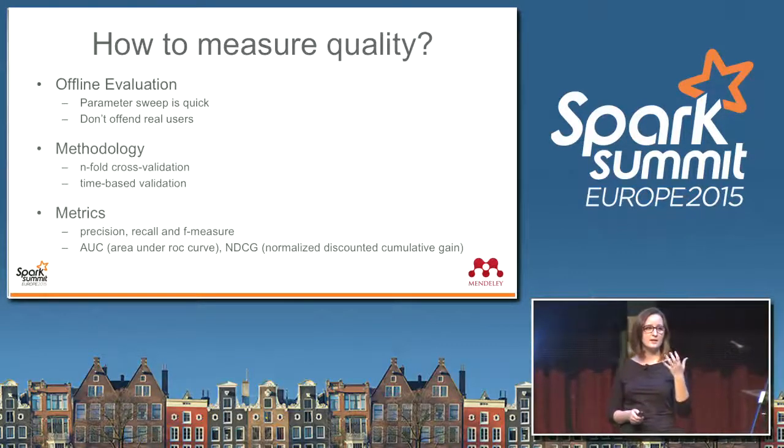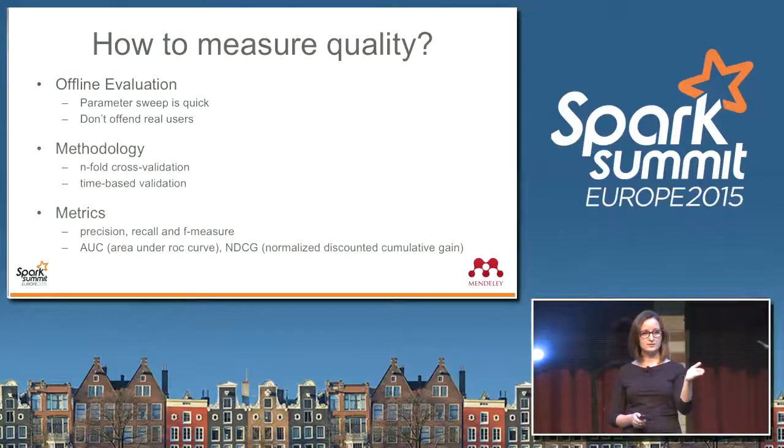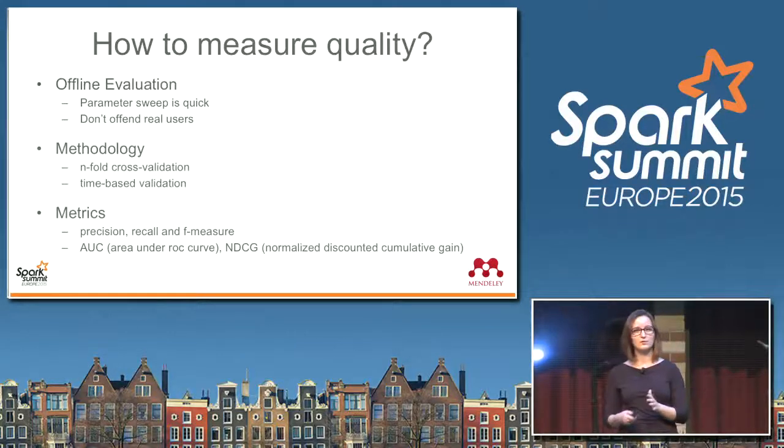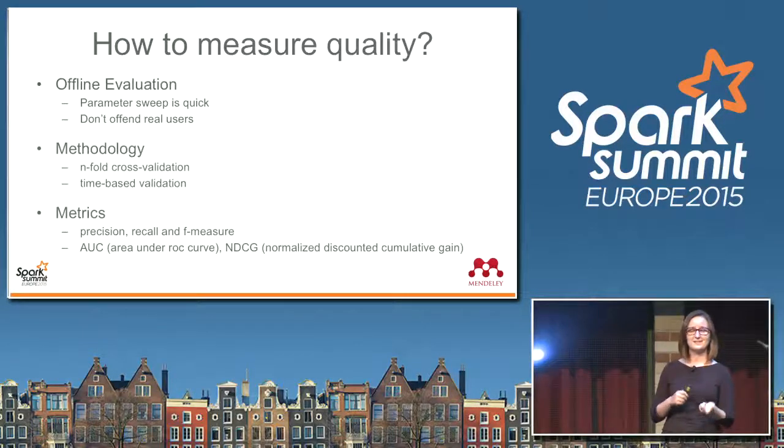So rather than leaving out a random subset to test on, you split on time. You train up to time t, and then from time t plus 1 onwards is when you test. And then when we compute metrics, oftentimes we look at metrics such as precision, recall, or ranking measures such as normalized discounted cumulative gain, or NDCG, among others.